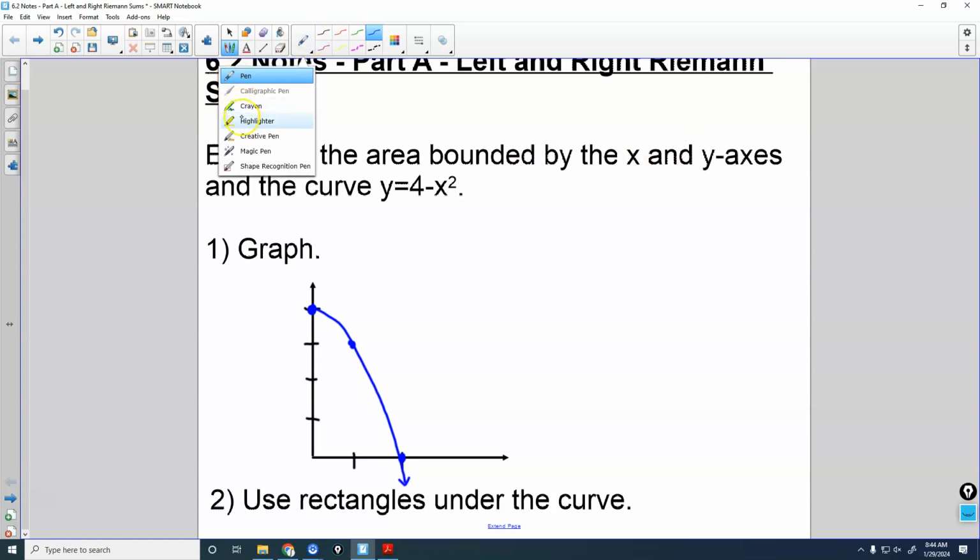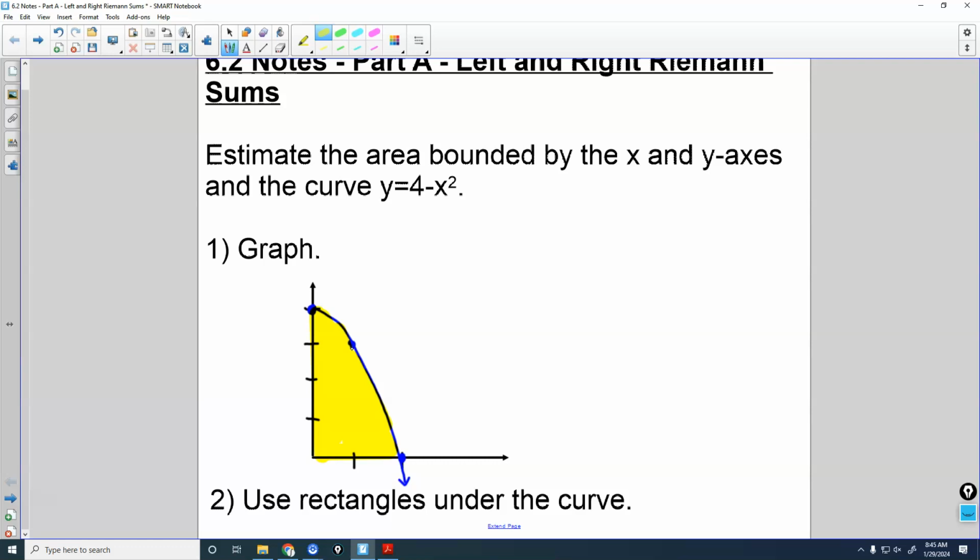So if I highlight our boundaries here and look at the area we're trying to look at, we've got the x and the y axis as our boundaries, and then we've got the function itself as a boundary. The highlighter sometimes doesn't want to let me highlight what I want, but we're looking at this area right here underneath the curve.